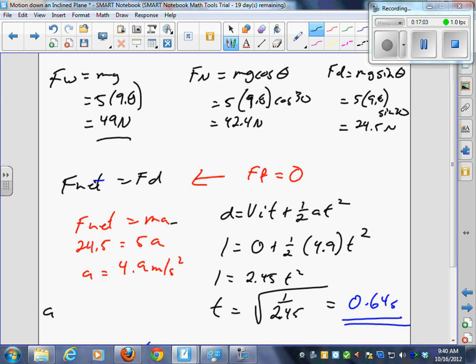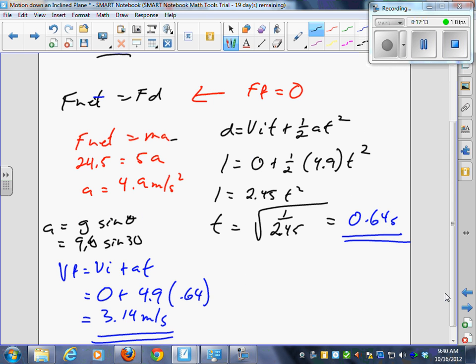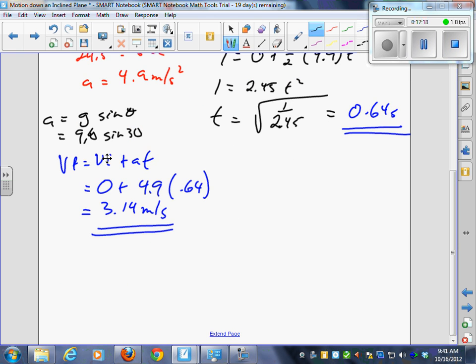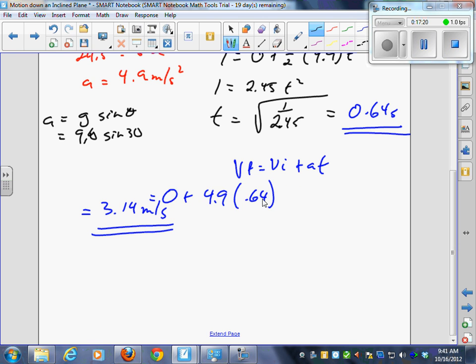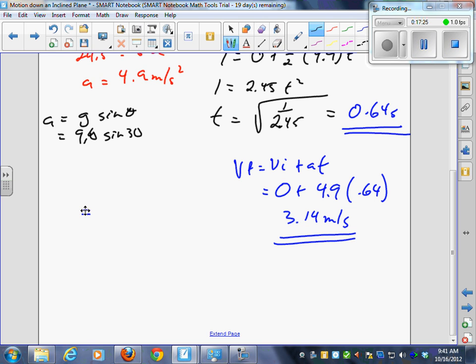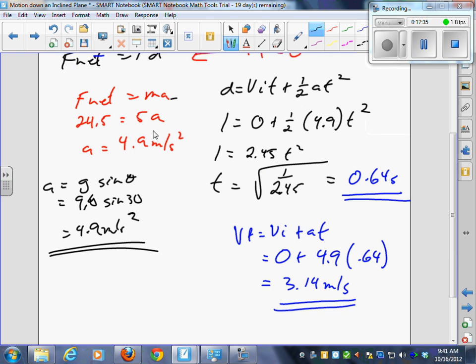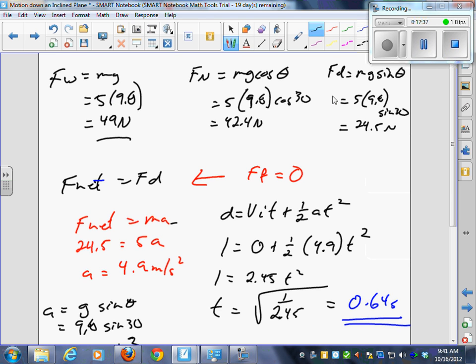Watch. a is equal to g sine theta. 9.8 sine 30. That's 9.8 times sine 30. 4.9. Okay, so that's a bit of a shortcut if you know that it is frictionless. You don't have to go through all these steps here.